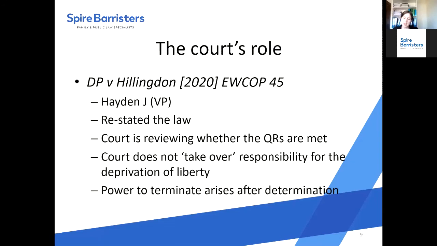And essentially he restated the law, and I think I have to concede that perhaps practitioners had fallen into certain practices that weren't strictly in accordance with the way in which the statute is drafted, and I think that's part of what Mr. Justice Hayden was getting at. He made it clear that the discrete scope and ambit of section 21A applications is for the court to determine whether the qualifying requirements are met.